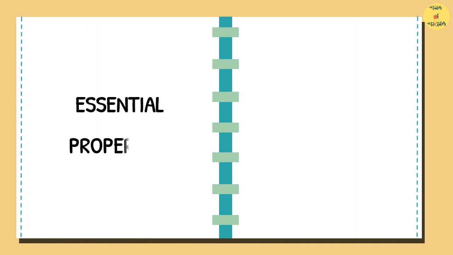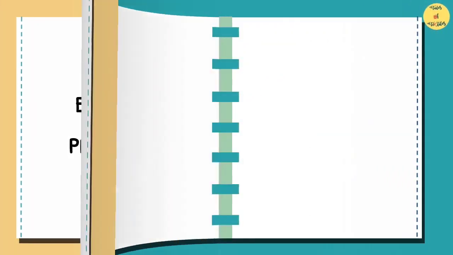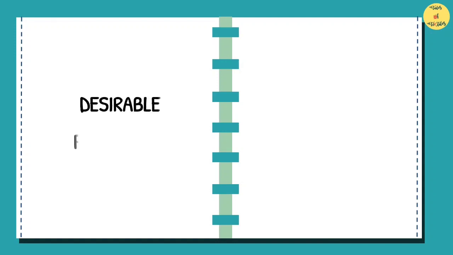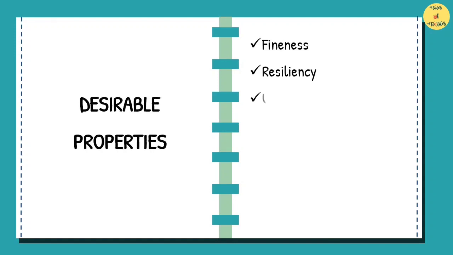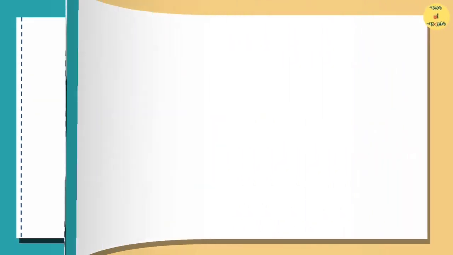Essential properties include length, strength, flexibility, cohesiveness. Desirable properties include fineness, resiliency, uniformity, porosity, luster, durability, commercial availability.